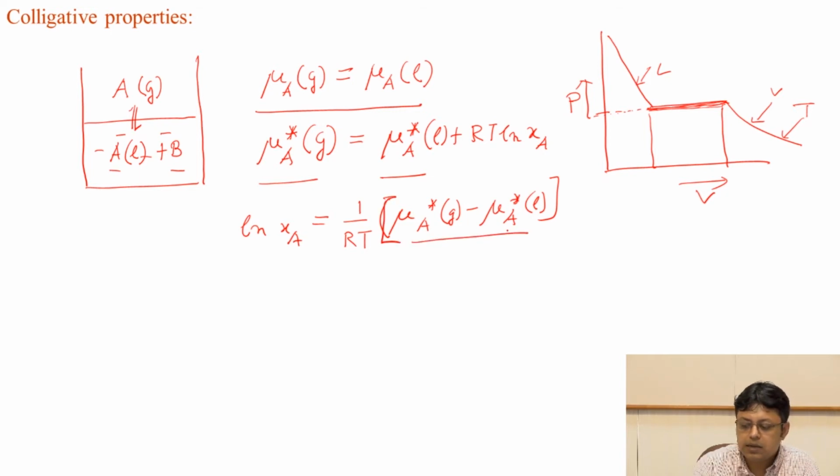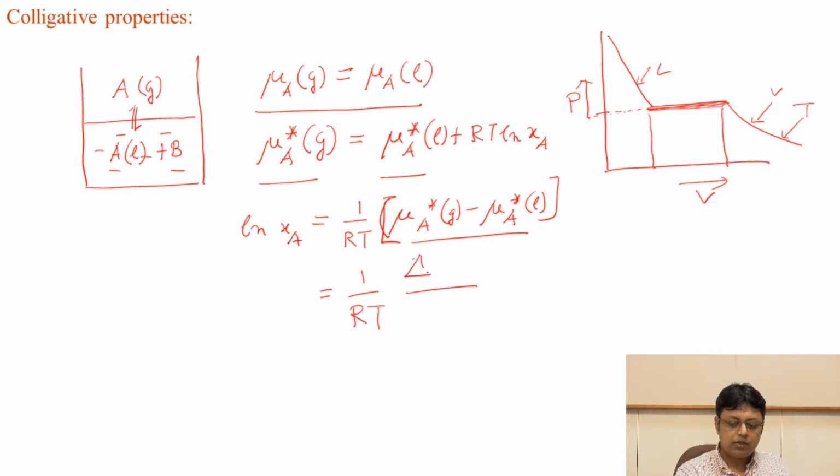This is the difference in the chemical potential of the vapor phase minus the liquid phase, which means it is the associated free energy change per mole. So we can write it as the associated delta G per mole, and this is a vaporization process, so this is delta vaporization of G, and this quantity we want to estimate.